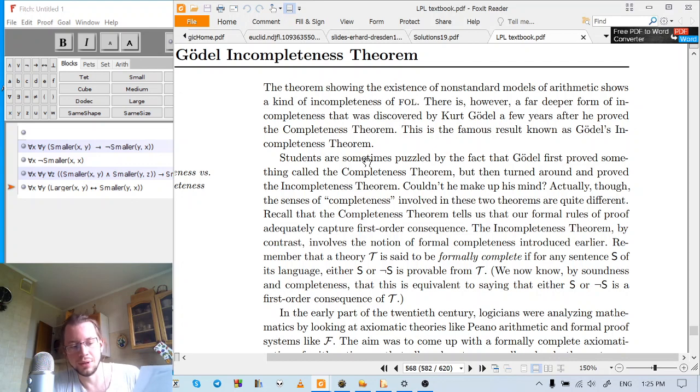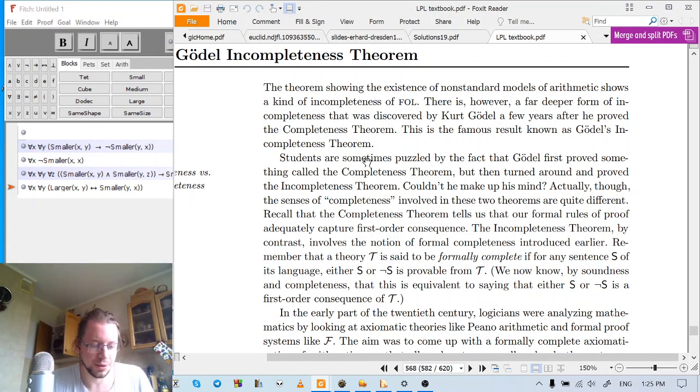Everything that we can prove is actually a first-order consequence. And also, going in the other direction, if S is a first-order consequence of T, then due to Gödel's completeness theorem that we have just mentioned, S is provable from T.